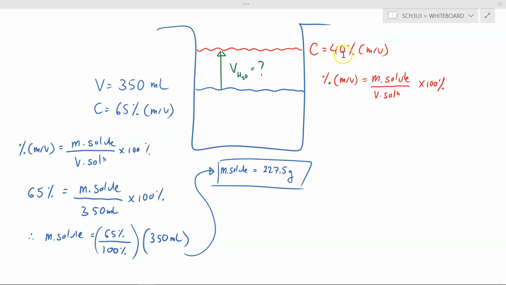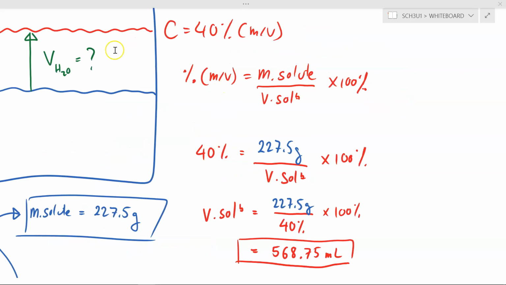So now I have the concentration for this equation and the mass of solute for this equation. This allows me to solve for the volume of solution. So substituting the values in, I can rearrange the equation so that the volume of solution is equal to the mass of solute divided by the percent M/V times 100%, giving me 568.75 milliliters as my new solution volume.